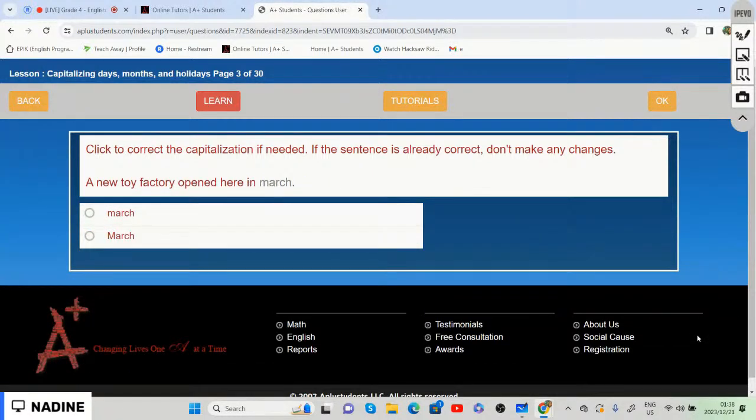A new toy factory opened here in March. Is it the first option where everything is lowercase, or is it the second option where we capitalize March?